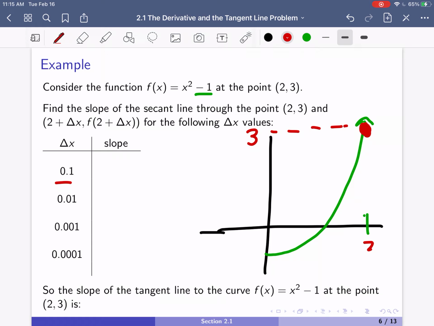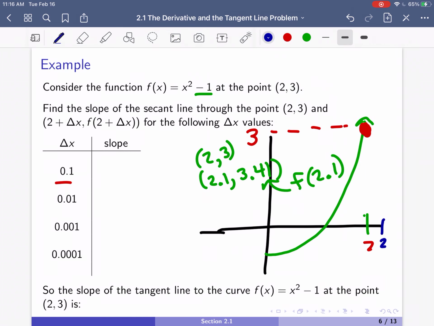We're going to find the slope between 2, 3 and 2.1, and then the function value at 2.1. What is that function value? That function value is 3.41. You get that by plugging 2.1 into our original function f of x.